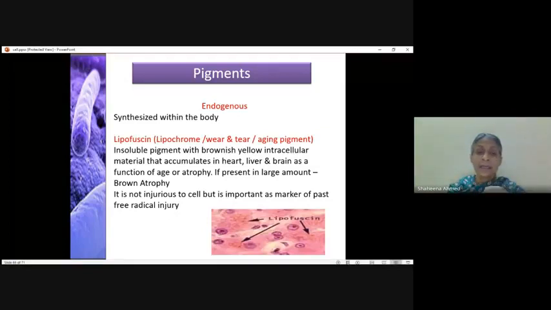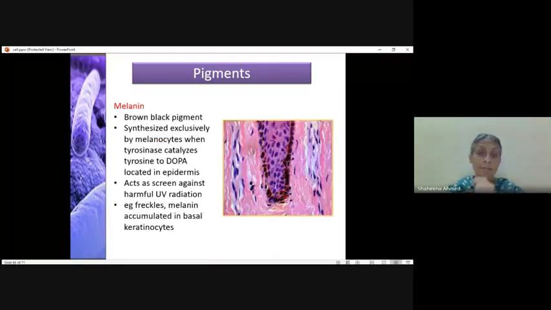And it just indicates that that tissue has gone through some injurious experience in the past. It just shows the wear and tear of that tissue, how it has passed its time through the different years as they have gone by.